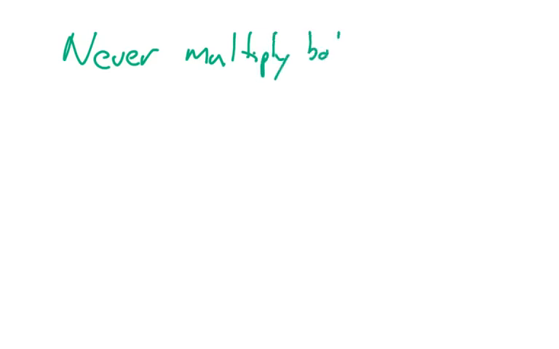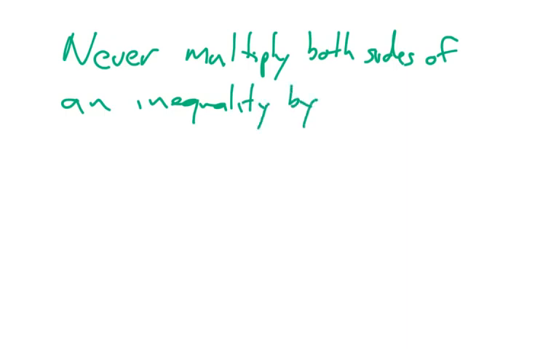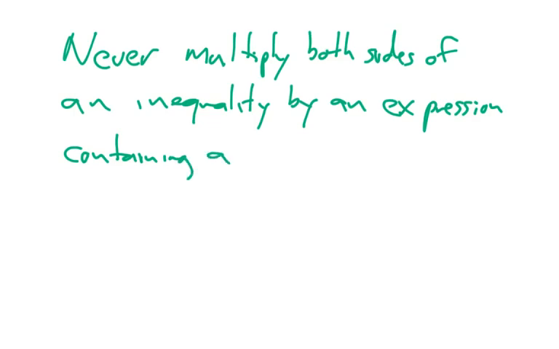The moral of the story is this: never multiply both sides of an inequality by an expression containing a variable. You don't know whether you're multiplying by a positive or a negative, and therefore you don't know whether you should turn the inequality around.